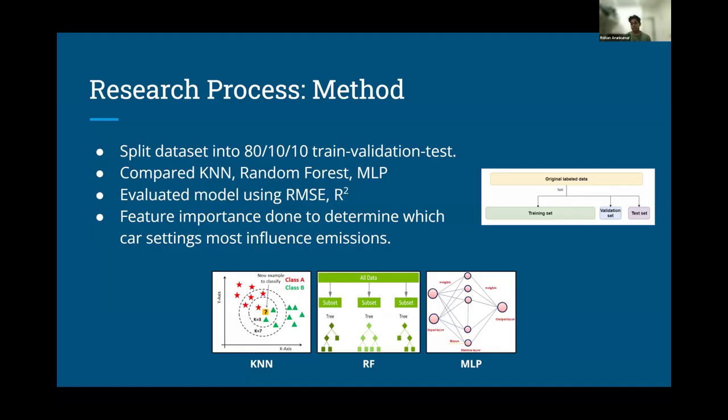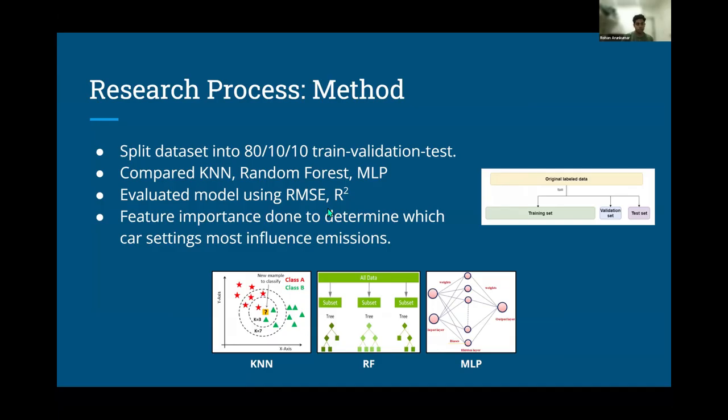So it's like a mathematical framework where the model just keeps learning from each row and it updates the numbers. So it goes from one layer of the brain all the way to the end. By the time we reach the end, we know the correct number. So that's MLP. And I hypothesize that MLP would be the best because it's the most complicated, it takes the most time, and it's the most accurate.